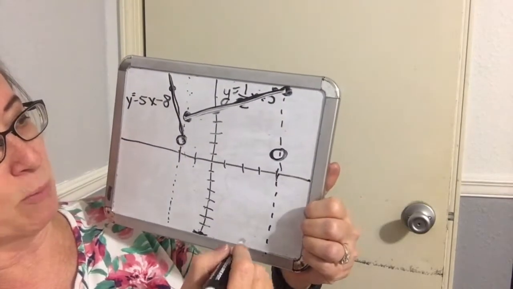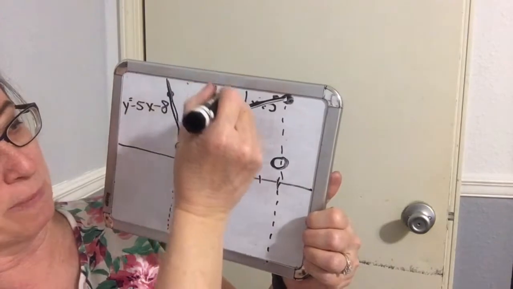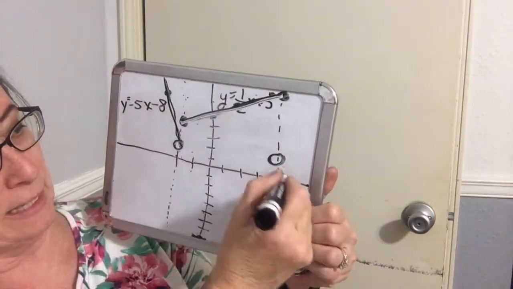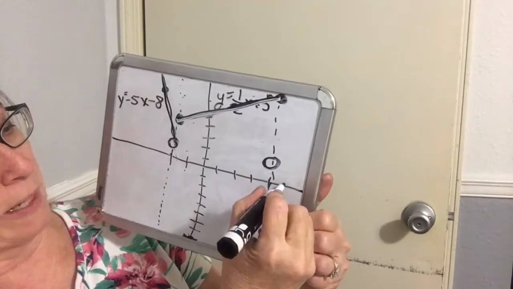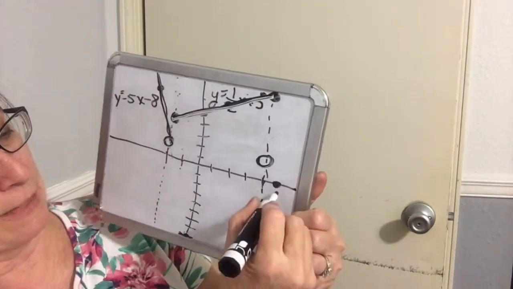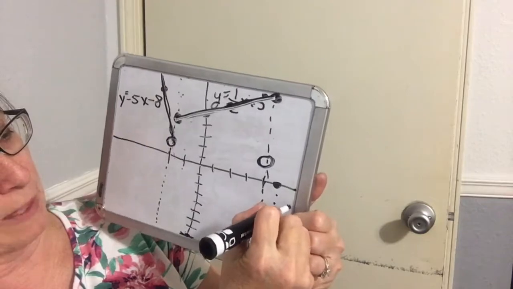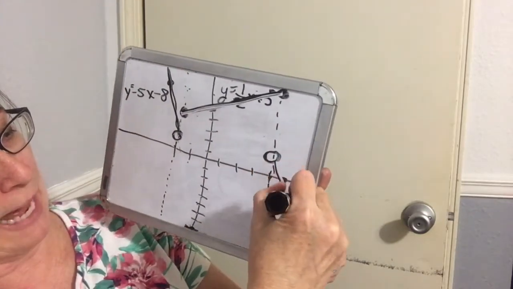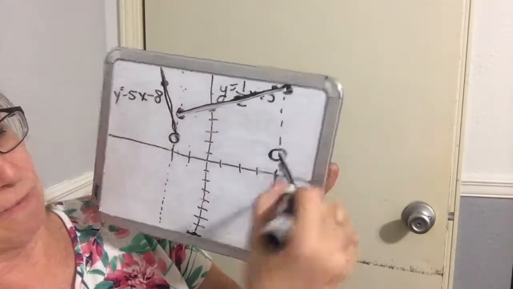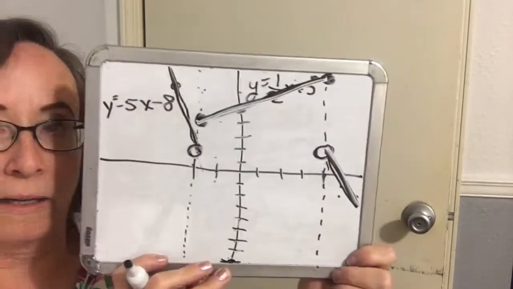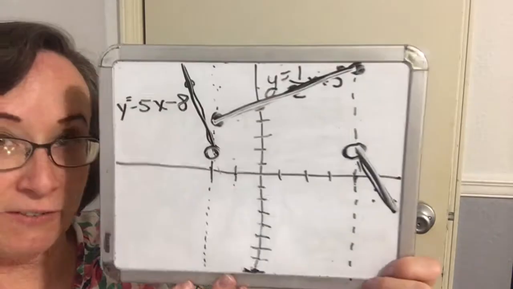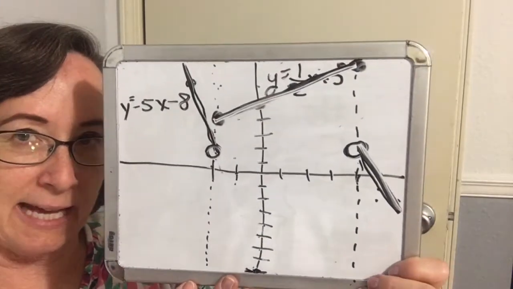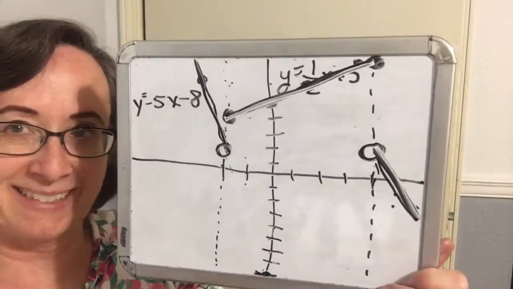And then from that point, which is where it would end up if it was coming down from 10 here, it's just going to go down 2 over 1. And it has a negative slope, down 2 over 1. And we can draw that last little bit of the piecewise function. That was number 50, which did not really ask you to graph it, but I thought I would anyway.